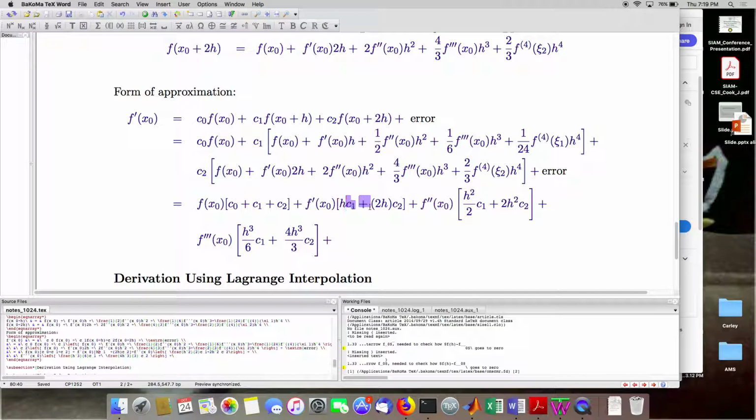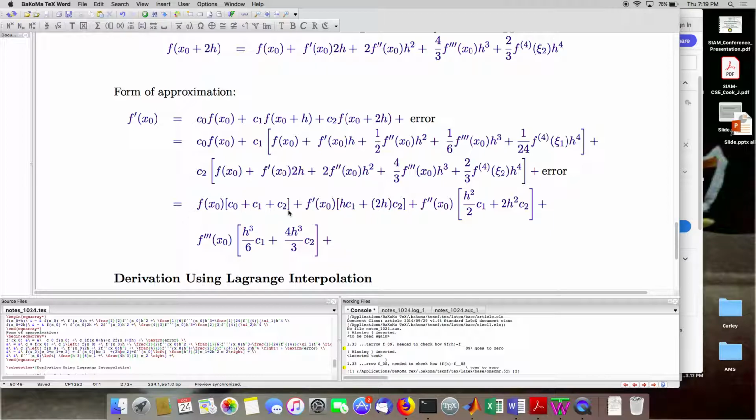Now, notice this expression right here, I want to be equal to 1. So what we can tell right off the bat is that c1 and c2 are going to be of the order h to the minus 1, because they're both multiplied by h to get 1. And because c1 and c2 are going to be something over h, c0 will also be something over h, just so they can sum to 0.